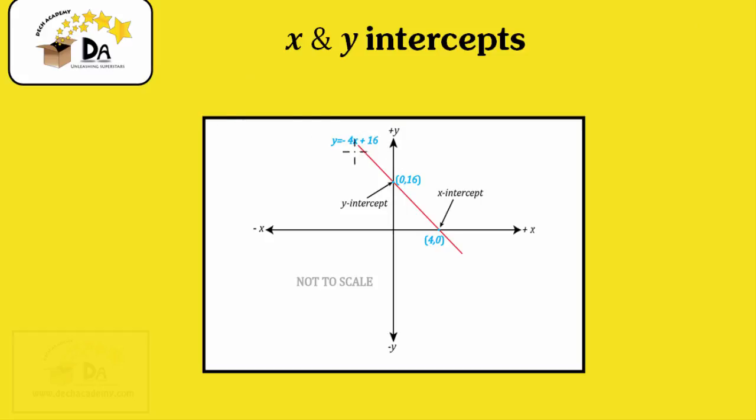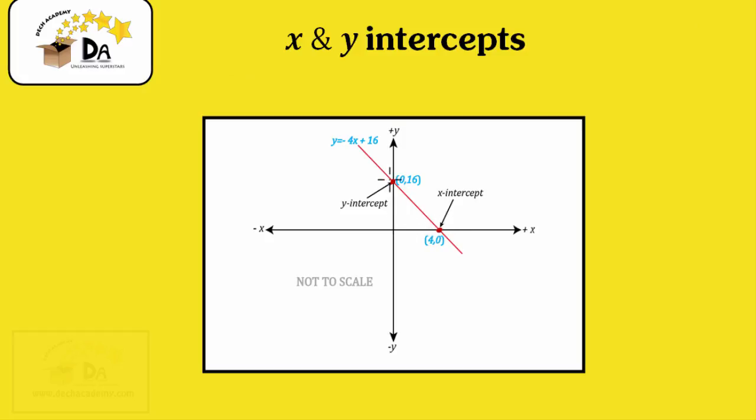Now this line crosses the y-axis somewhere. Let's use color. It crosses the y-axis here at this point, and it crosses the x-axis at this point. The point where this line crosses the x-axis is known as the x-intercept of the line.